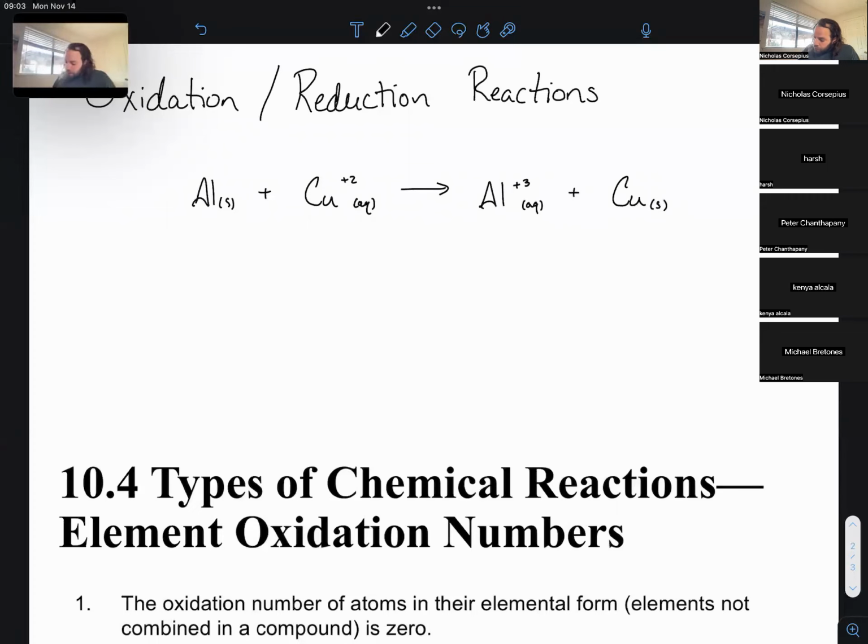We can see how we're going from something that's neutral, solid aluminum metal, to the aluminum ion. So the only way that's going to happen is if this aluminum loses electrons in the process, in this case 3 electrons.